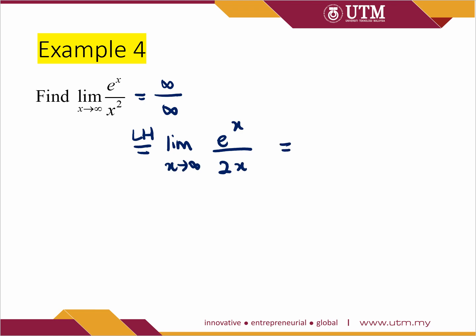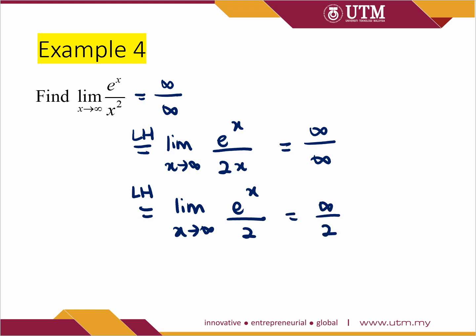And you can see that the result is still infinity over infinity. So we still apply L'Hopital's rule, where now it becomes e to the power of x over 2 as x approaches infinity. So e to the power of infinity would be infinity divided by 2.